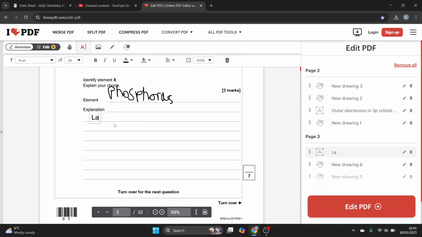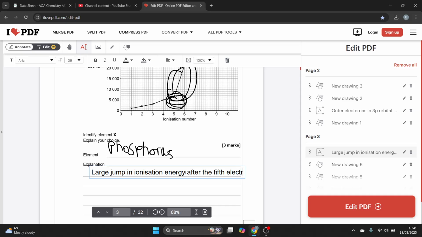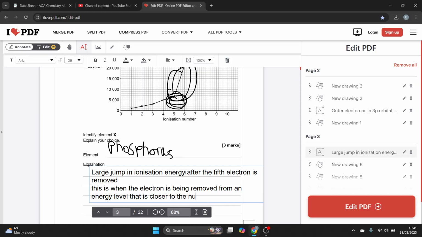The explanation is the idea of a large jump in ionization energy after the 5th electron is removed, as this is when the electron is being removed from an energy level that is closer to the nucleus.